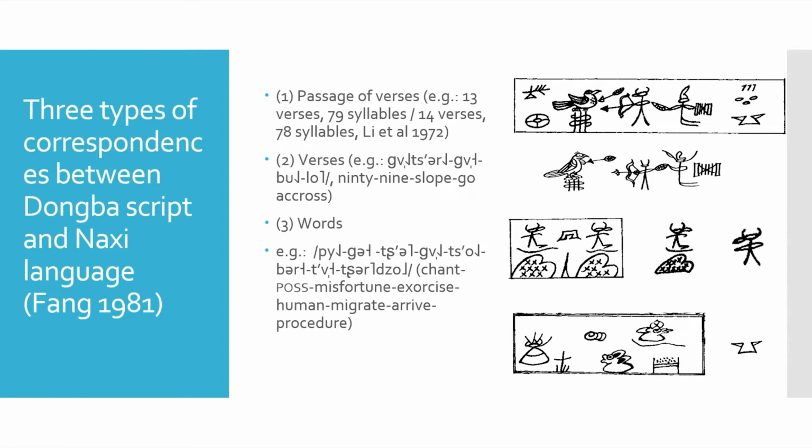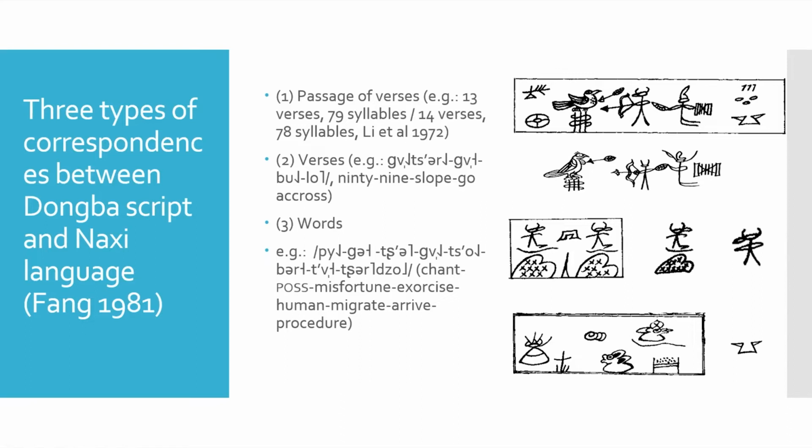This grid of Dongba pictographs is read as 13 verses and 79 syllables. And this group of pictographs describes a certain plot in the oral text, and it can be repeatedly used in other versions of the manuscripts or stories.